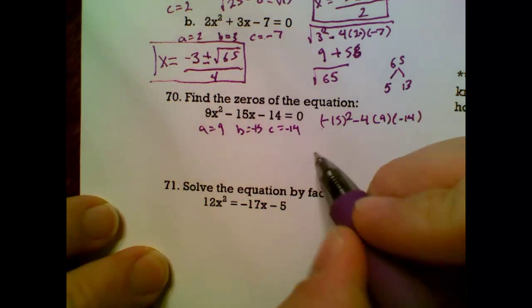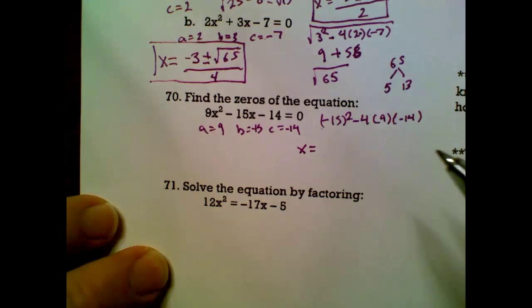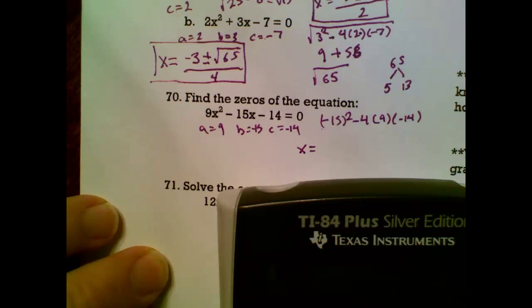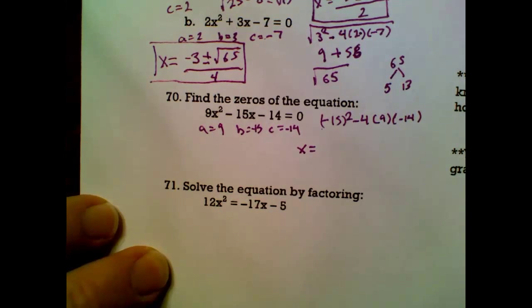Okay. So we got x equals, what's the square root of 729? Oh, square root of 729 is 27. That's nice. Nice clean number.